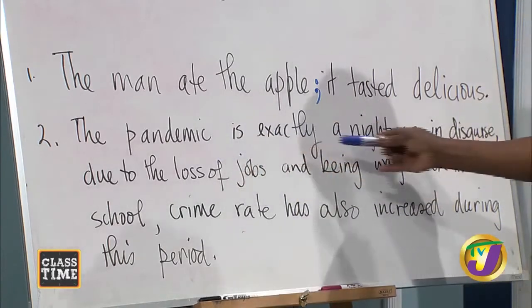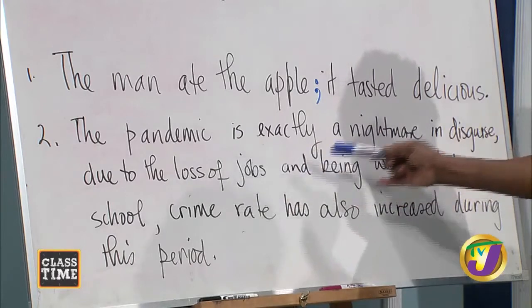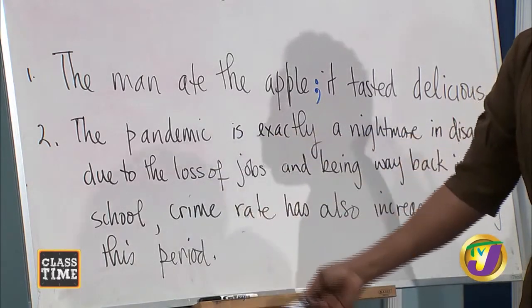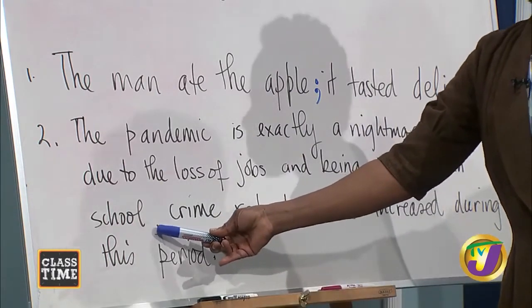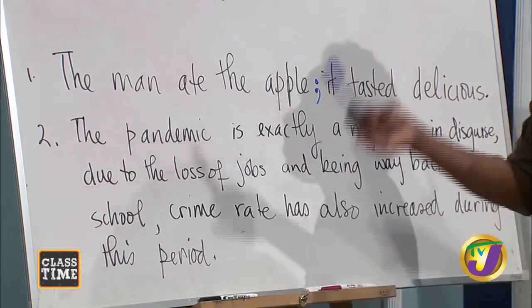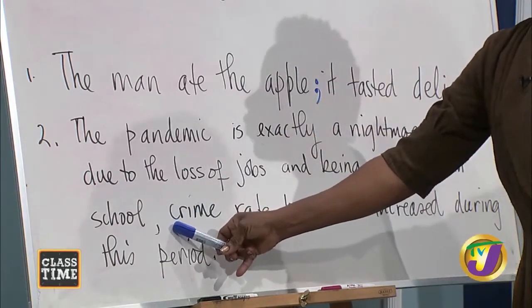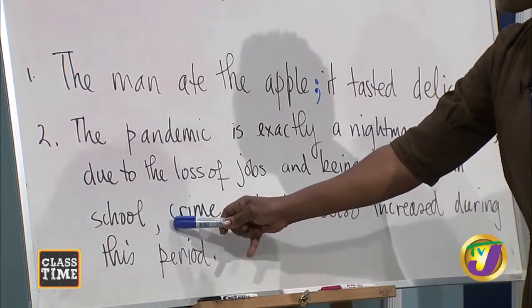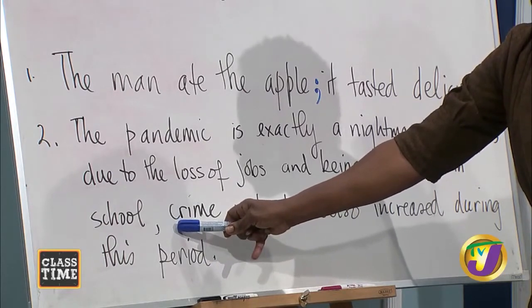Let's read it now. The pandemic is exactly a nightmare in disguise due to the loss of jobs and being way back in school. It's understood, okay? But what do we have here? A comma. So instead of putting the semicolon, you have placed the comma, and that's wrong. When you place the comma here, you create a run-on sentence, and that is not a good thing.